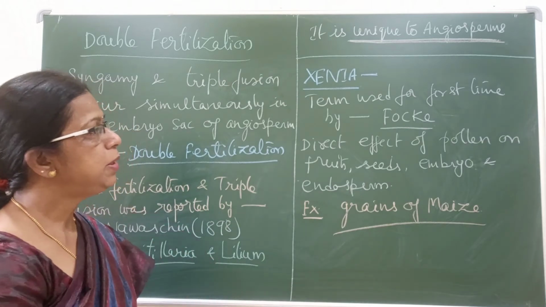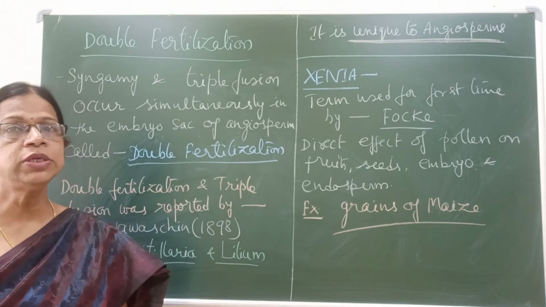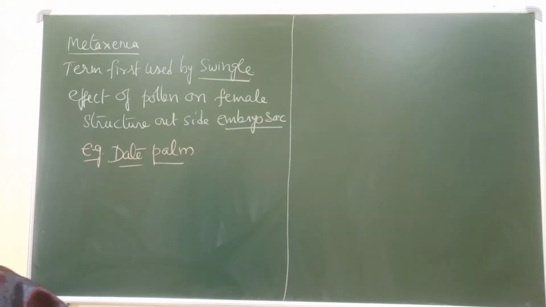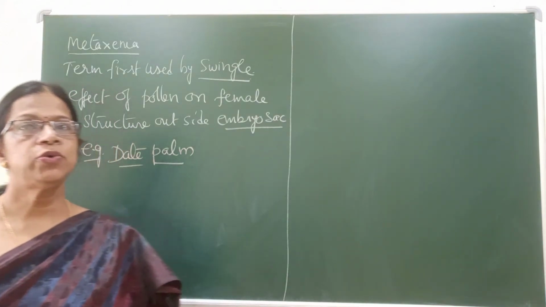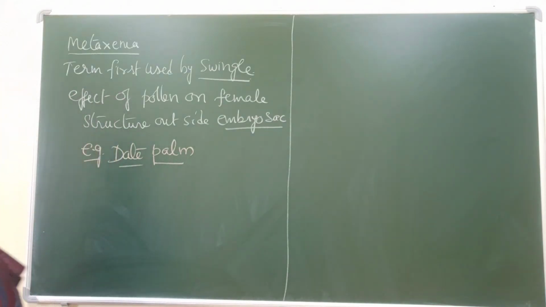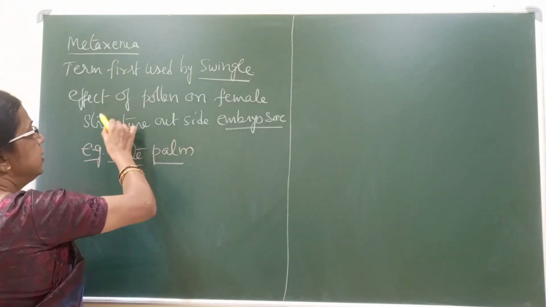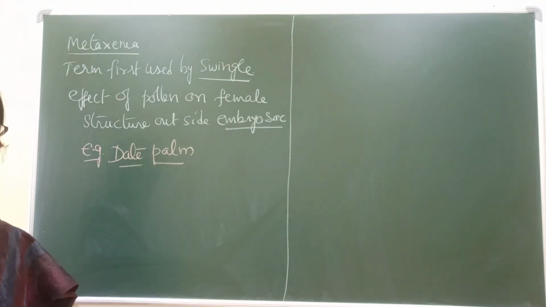Now the next similar term is metaxenia. The term metaxenia was first used by Zwingli. It is the effect of pollen on female structures present outside the embryo sac.